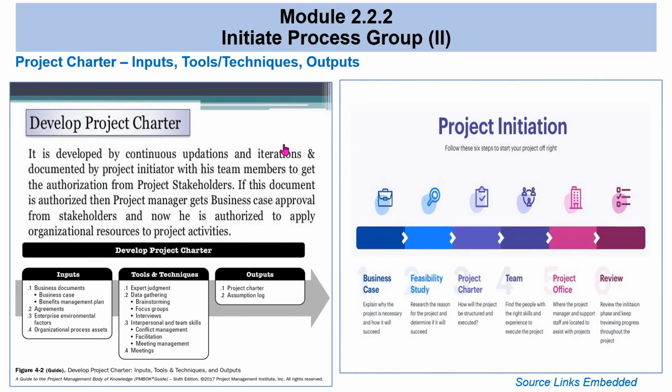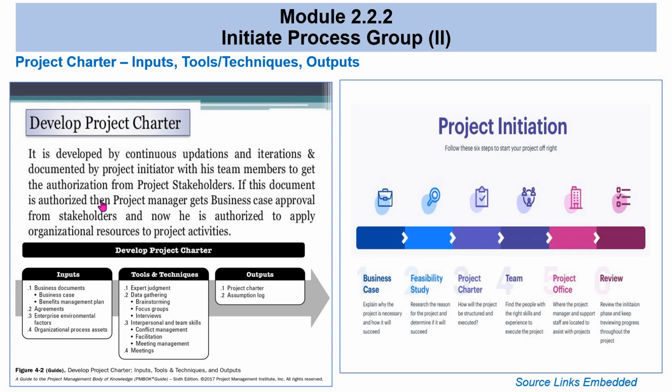So basically the project charter itself, when you look at what kind of inputs, tools, and techniques or outputs you expect from those two processes within the Initiate group, you see that the project charter is developed by continuously updating and doing some iterations, and documenting what needs to happen, what the value of this project is, and who the team members are.